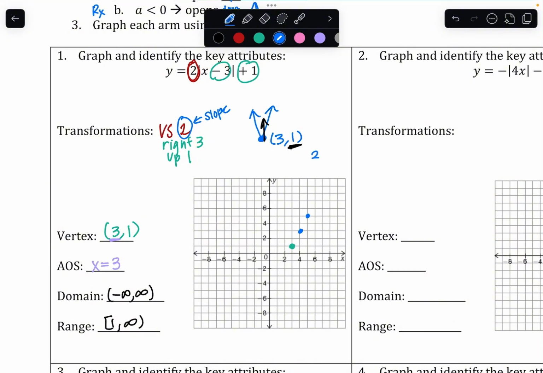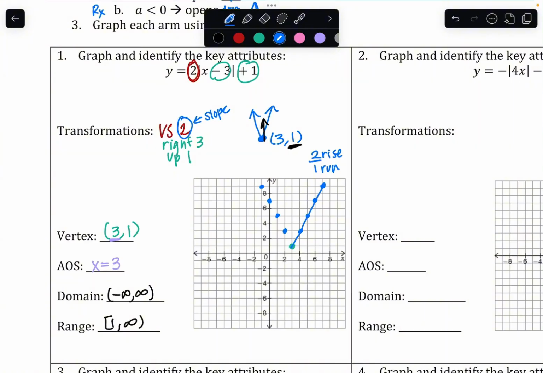Remember, slope is rise over run, so 2 is a whole number, and so write it over 1, rise, run. Rise 2, run to the right 1, rise 2, run to the right 1. And then you're going to do that same thing on the other side, doing the negative slope, because it makes that V shape.